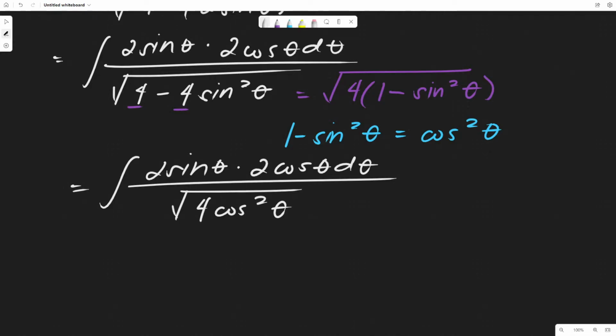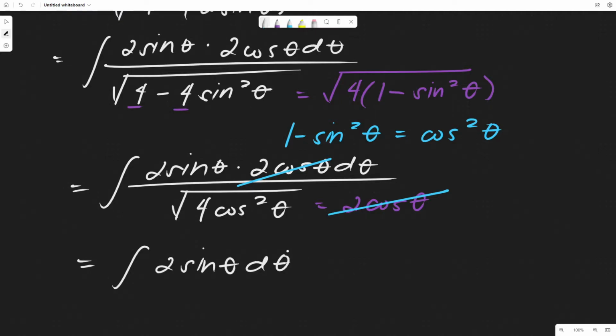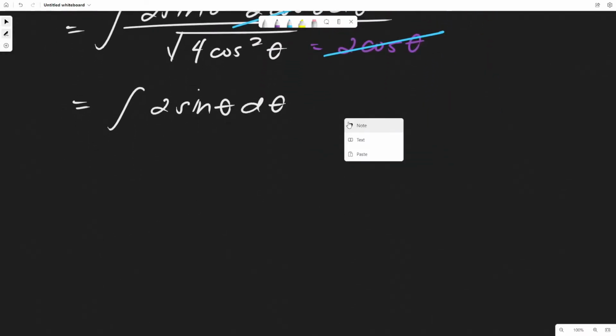This is already a perfect square, so instead of the square root of 4 cosine squared theta, 2 cosine theta comes out. And we have 2 cosine theta in the numerator, so we can cancel. What is left in our integral is the integral of 2 sine theta d theta, because the denominator has been cancelled.